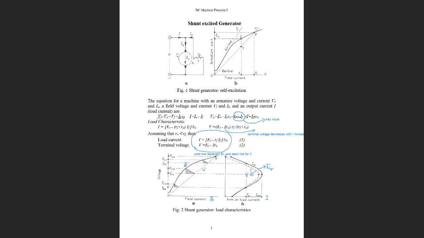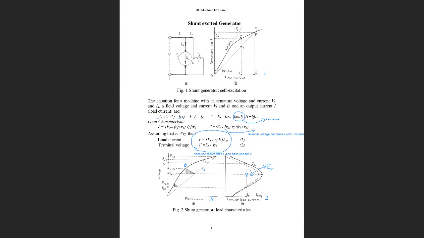As a result, at the beginning, when the loading current is 0 or very small, generally when you start it, the armature current and loading current are the same. As the loading current increases, the field current also increases, and the generated voltage increases along the solid line like this.